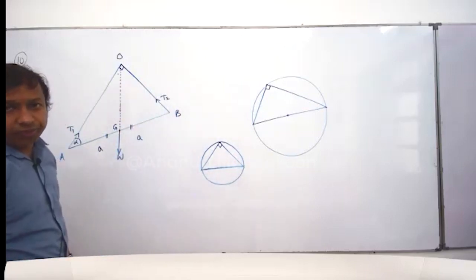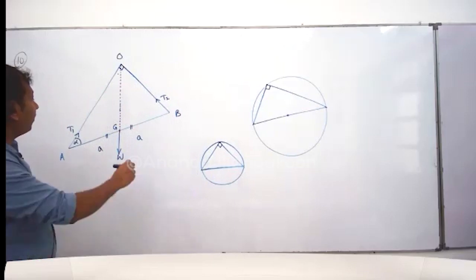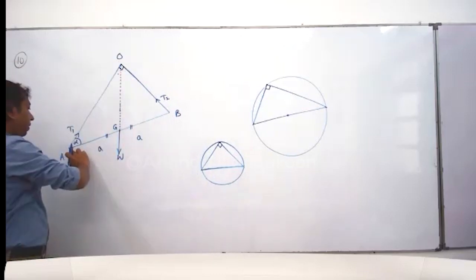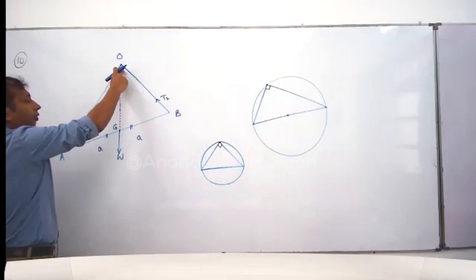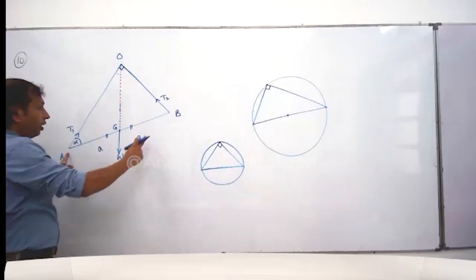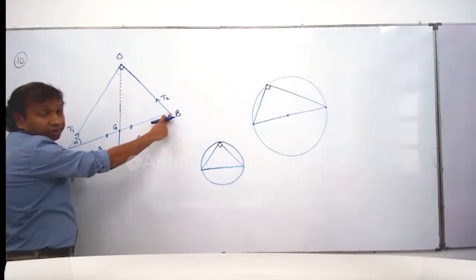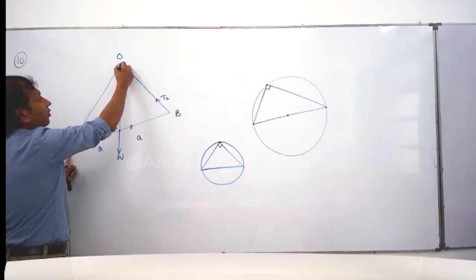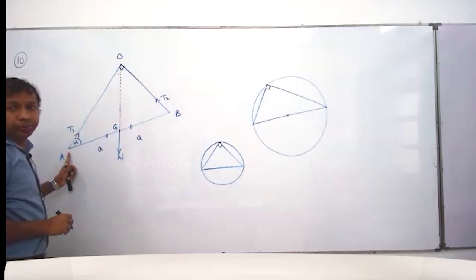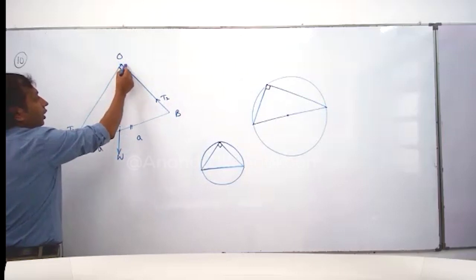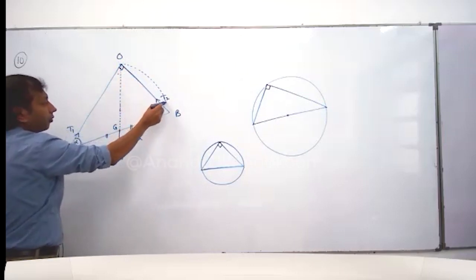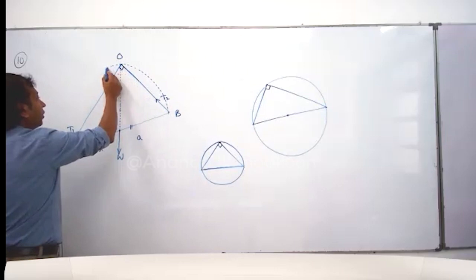Here also we have the same thing. Angle AOB is 90 degrees. Now, taking this AB as a diameter, when we draw a circle, that circle passes through the point O. If I draw it roughly like this, this is that circle.